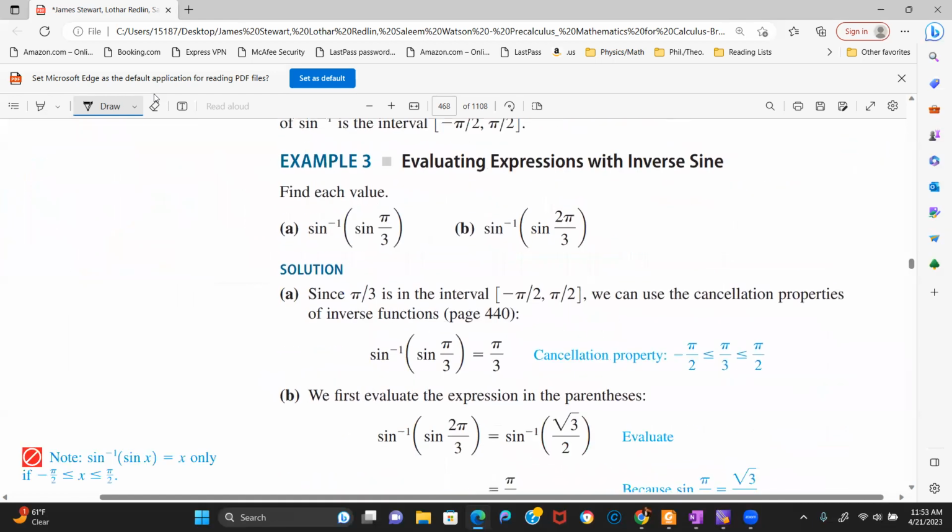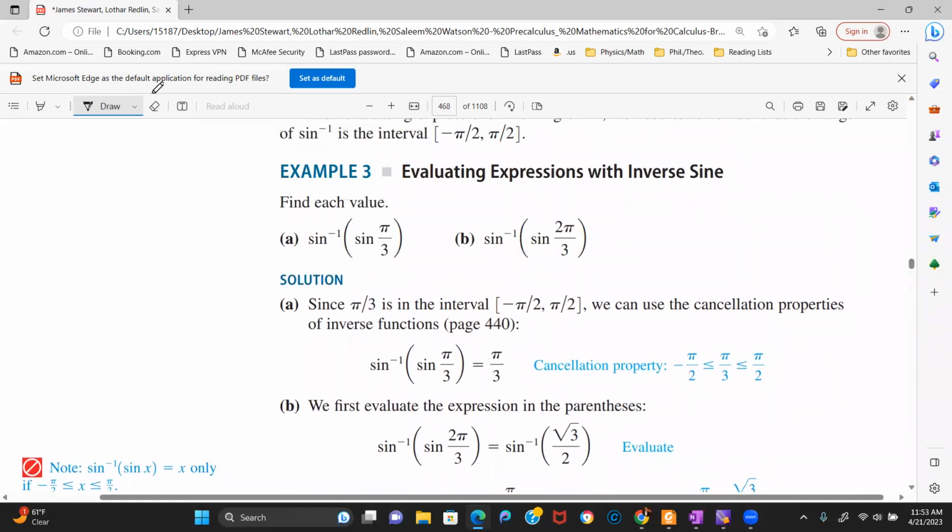All right. So these ones are sort of trick questions. There's not really much you have to do. You could figure out what sine of pi over 3 is. That's going to give you some number, and then you can figure out what sine inverse of that number is. Or you can just use the cancellation properties, because you're composing sine inverse with sine of pi over 3.